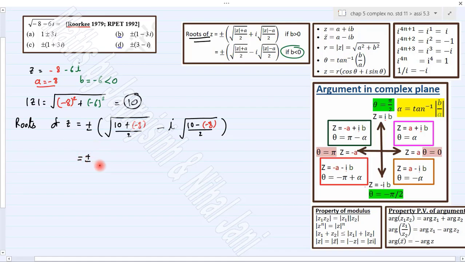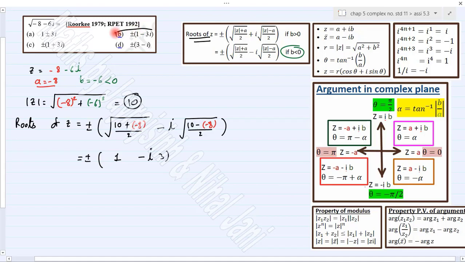So we can say we will get plus or minus [under root of (10 minus 8, which is 2, and 2 by 2 will be 1) minus i times root of (18 by 2), or we can say root of 9, which will give us 3]. So ta-da! This is your final answer, which is given in option B.